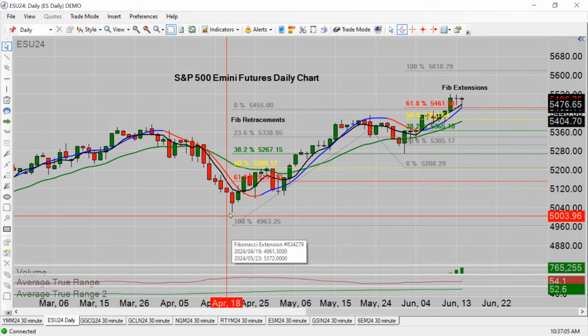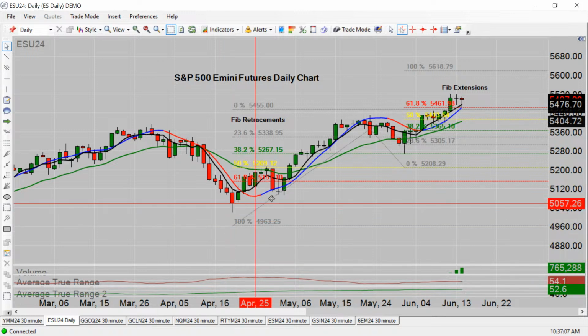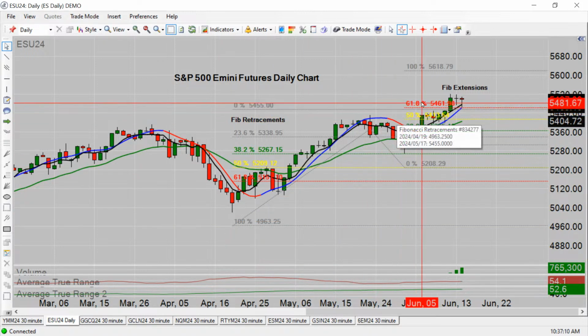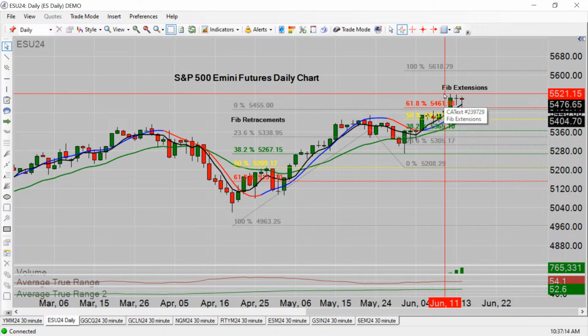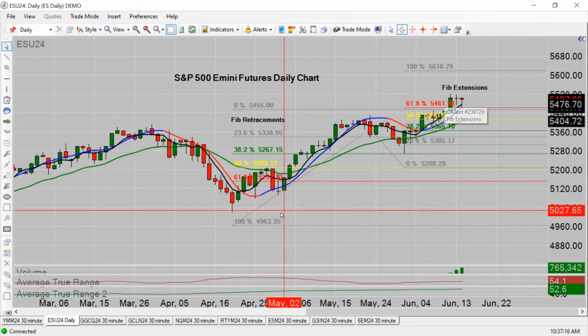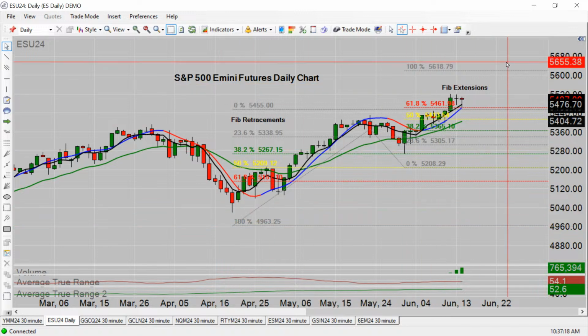I'm going to have to bring the low fib up to here. And the top fib, I'm going to have to bring up to here. My fib extensions, I'll have to change those too.